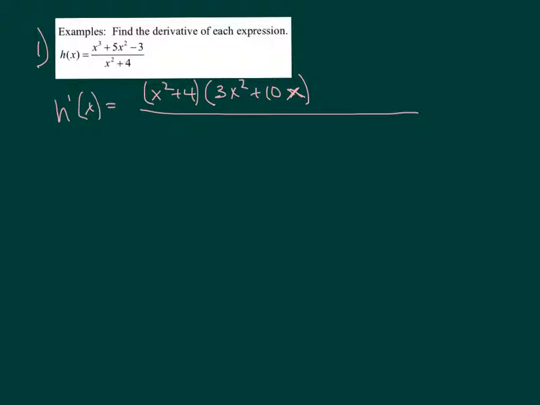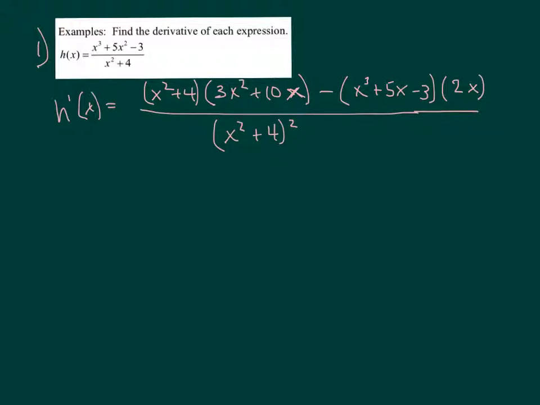Okay, so that's low d high minus high. So I'm copying the numerator, x cubed plus 5x squared minus 3. D low is 2x. And again, the derivative of 4 is 0. Okay, so we have that all over low squared. So x squared plus 4 squared.